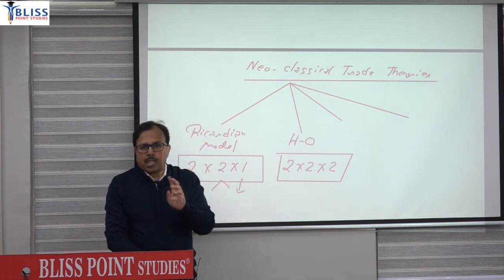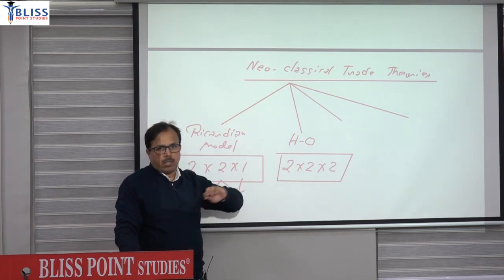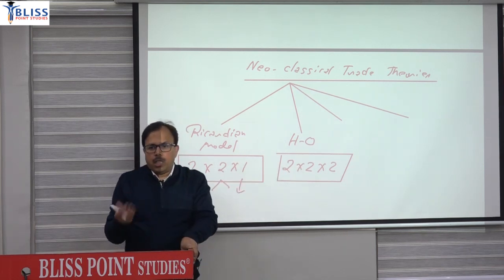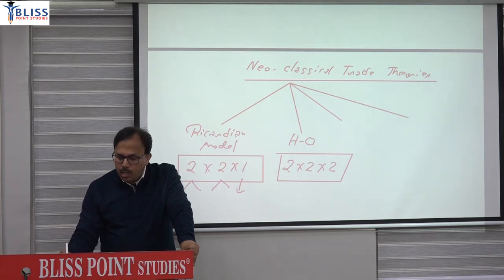One is labor, other is capital. So we start with one factor of production, then we move to two factors of production. So what will be the change if we are discussing two different factors of production? So Ricardian model, then we study the Heckscher-Ohlin model.